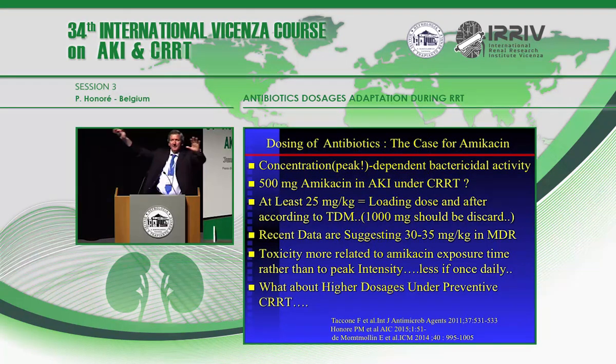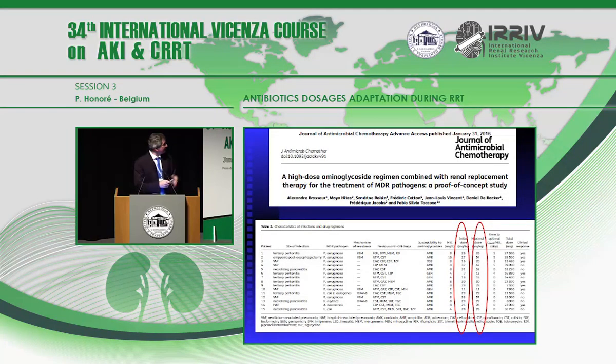Now, we all have very difficult patients, sometimes trauma patients, with very resistant microorganisms, and sometimes only 1 antibiotic left. And sometimes it's aminoglycosides that are the only ones left. Most of the time, amikacin, sometimes gentamicin, tobramycin. In this very interesting review paper and a retrospective study from the group of Vincent, 15 patients, resistant bugs, only 1 antibiotic left.